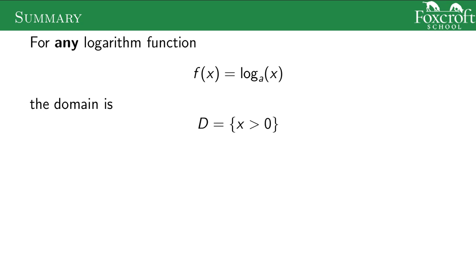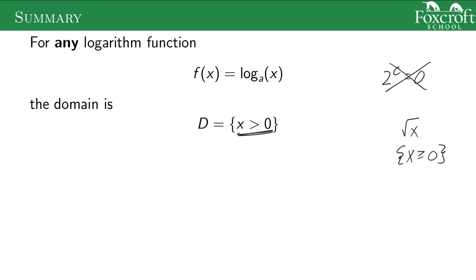So what's going to end up happening is the domain of a log function is all the positive numbers. I didn't mention it, but if you had 0, this isn't possible either. So you can't do negatives, and you can't do 0. This is similar to the square root of x, whose domain is everything bigger than or equal to 0.